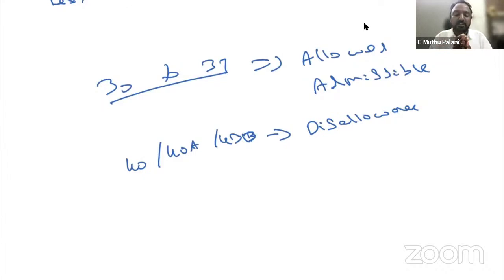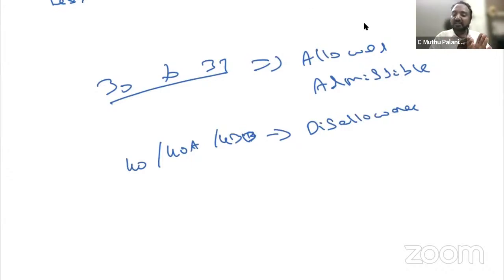I am okay with the expenditure, but not okay with the mode or person. That is 40A disallowance. 43B, I am okay with the expenditure, but I will allow it only on payment. So these are the differences.